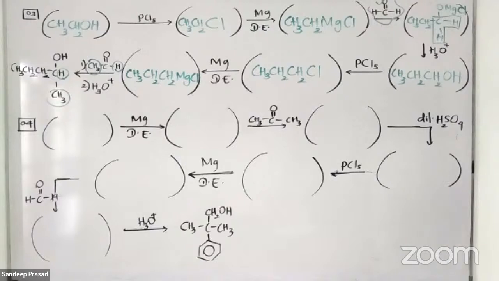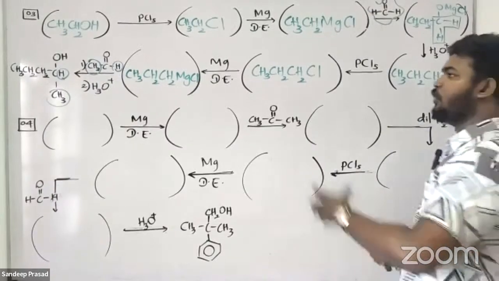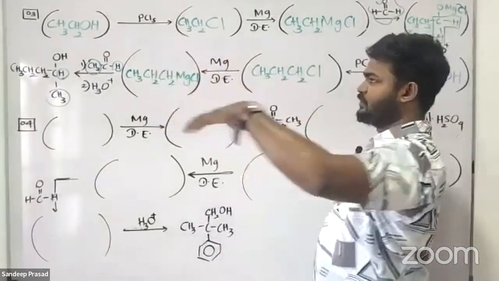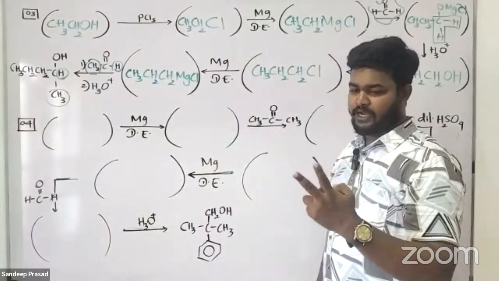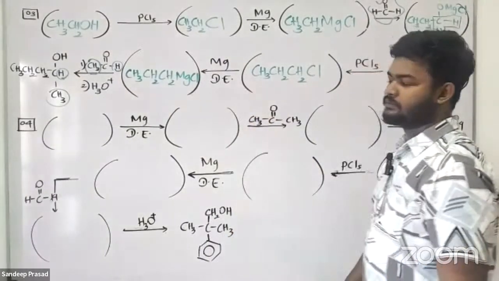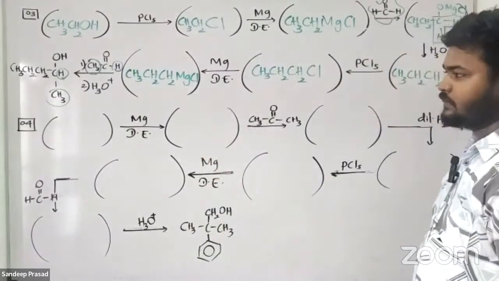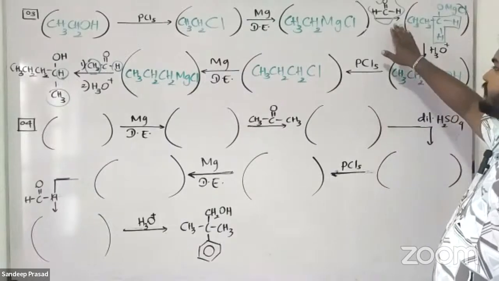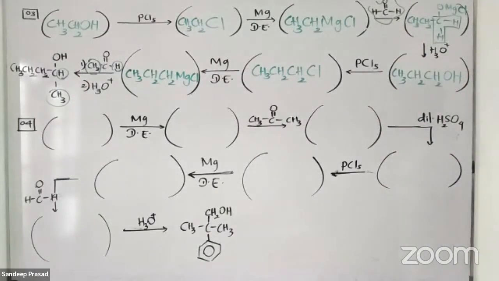So you can see that in these conversions, the number of carbon atoms is increasing, isn't it? We have started from a small compound. Ethanol is a small compound containing only 2 carbon atoms. But look at the final one. In the final one, there are 5 carbon atoms. So this Grignard reagent reaction is very important to increase the number of carbon atoms.